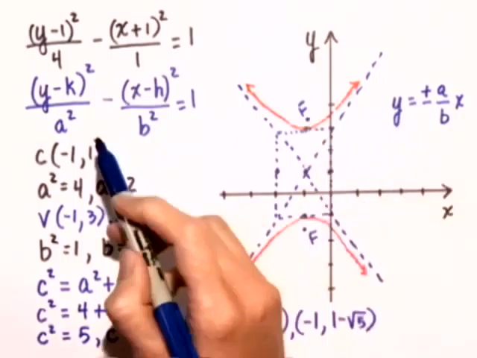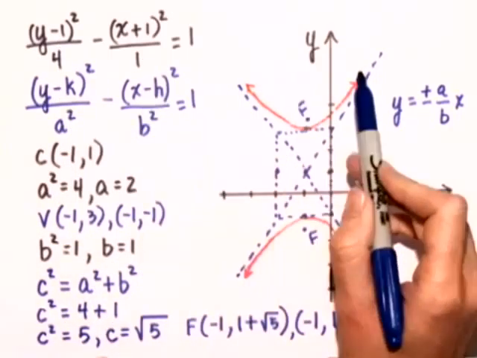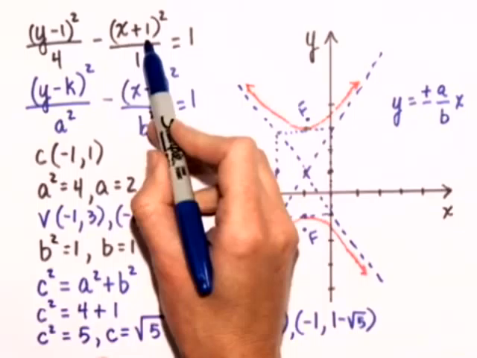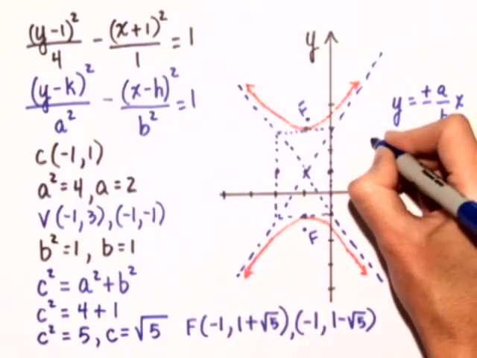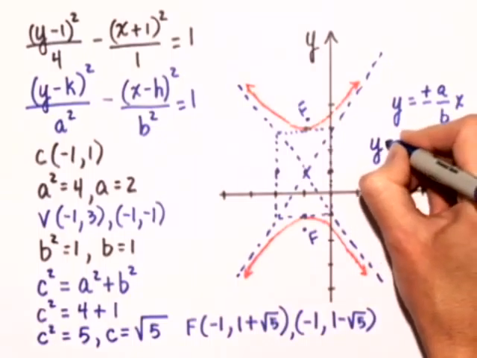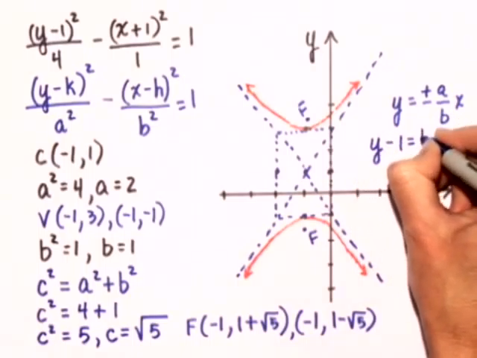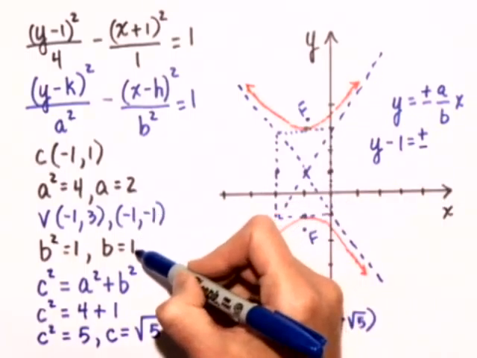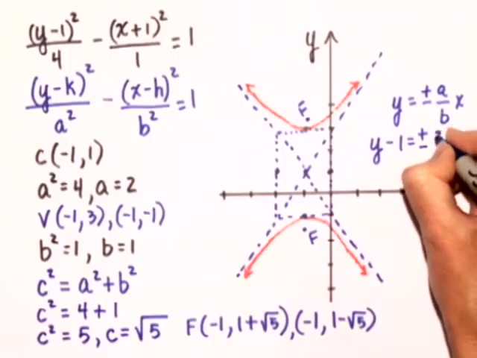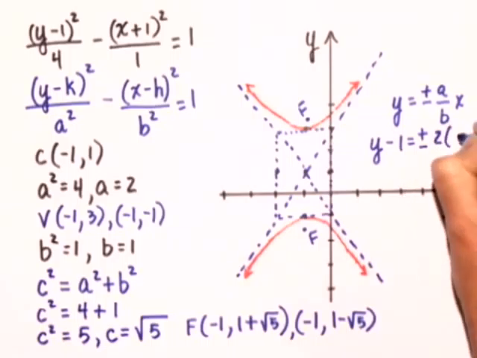So instead of y, we'll make sure we use y minus 1, and instead of x, we'll make sure we use x plus 1. So we have the equations y minus 1 is equal to plus or minus, well, a is 2 and b is 1. So 2 over 1 is just 2 times the quantity x plus 1. Those are the two equations of our asymptotes, and here's a complete graph of this hyperbola.